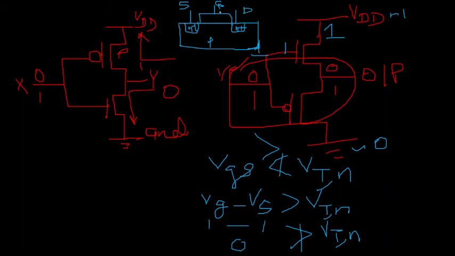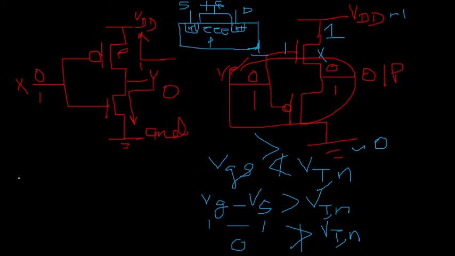So what I am saying is, the threshold voltage is the voltage required to create a channel. For NMOS, the channel created should be of electrons, and for attracting electrons towards the gate, the voltage applied should be positive. That means 0 cannot be greater than the positive value. That is why you cannot connect NMOS at the top.